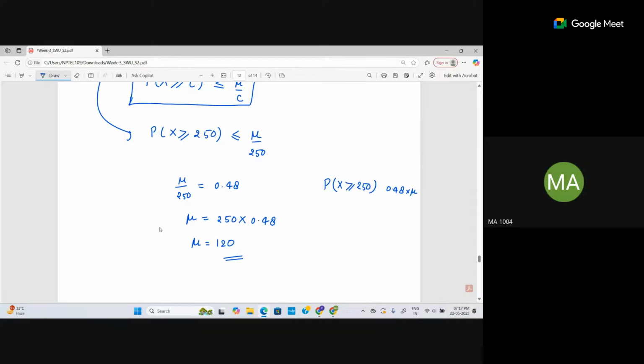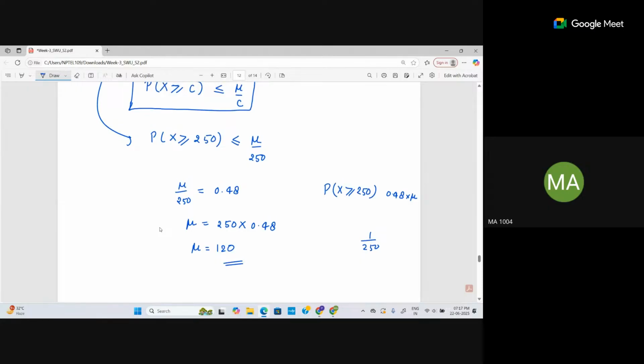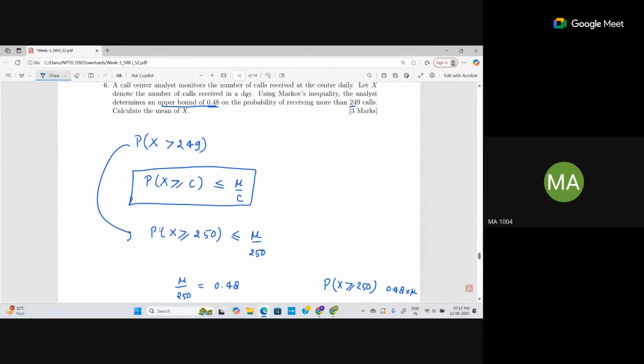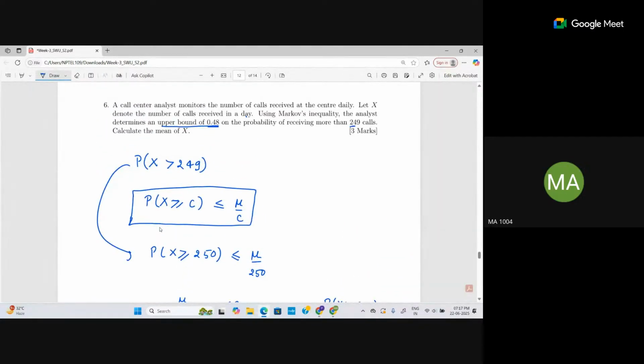So this is 1 by 250, not 0.48, so this is wrong. This is 1 by c times mu. 0.48 is actually the upper bound.